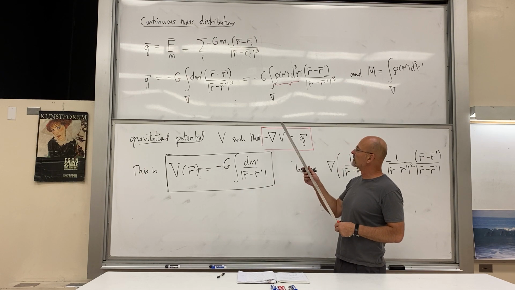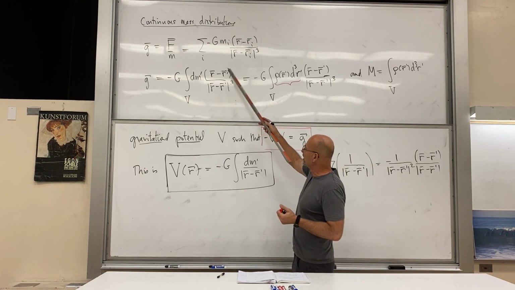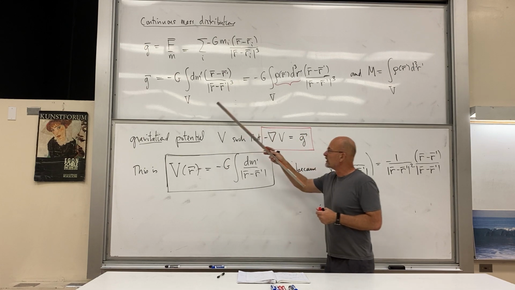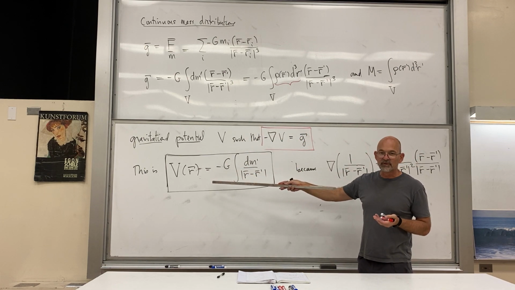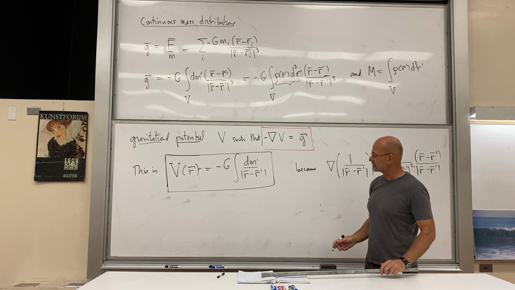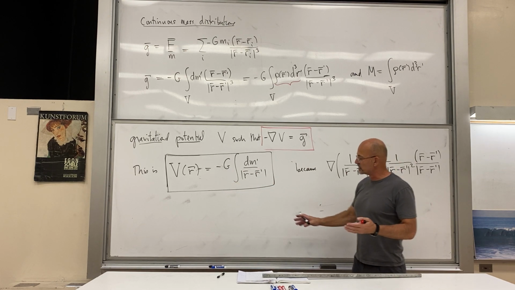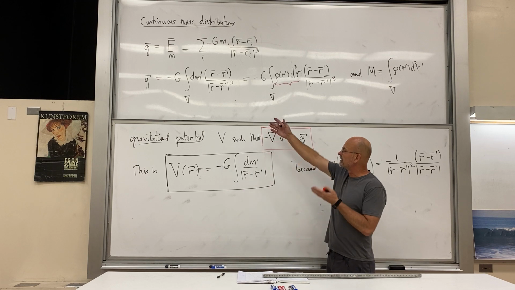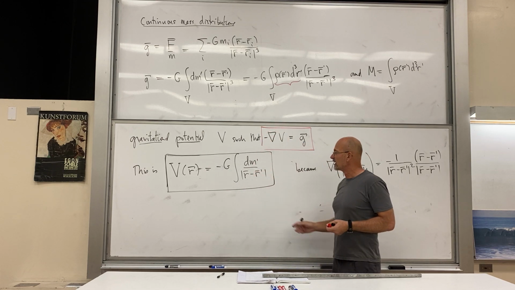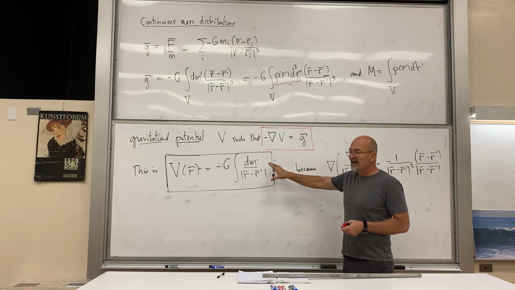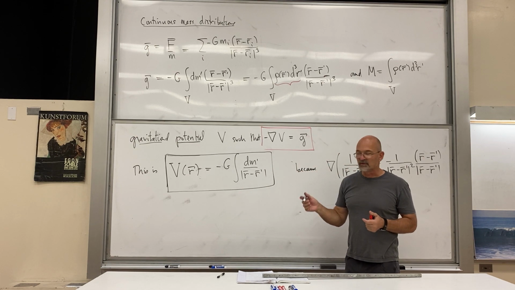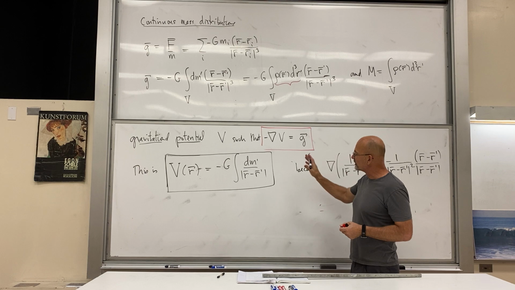In other words, we're going to retain what we know about spherically symmetric mass distributions from Gauss's law. Of course, that's going to be true here as well, because we would just take the gradient of this, we'd get the integral, we'd do Gauss's law. So the point mass property of a spherically symmetric mass distribution, of course, still holds.